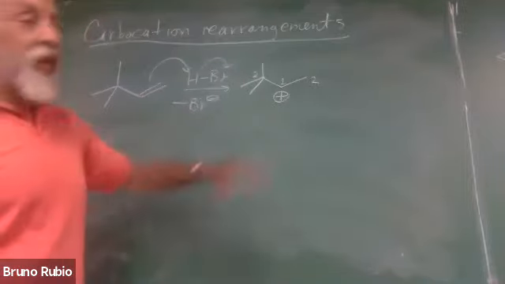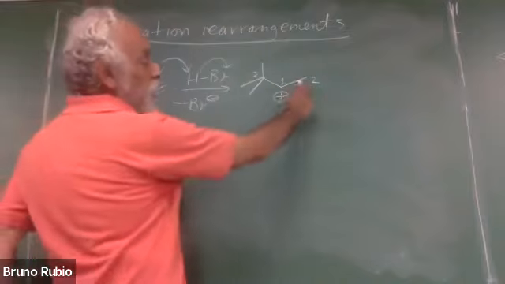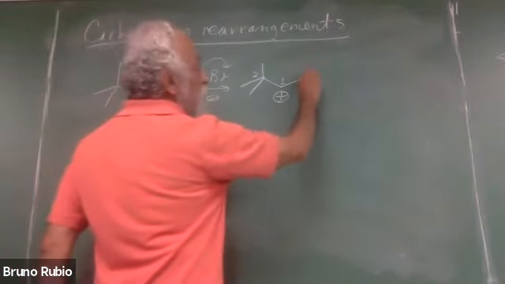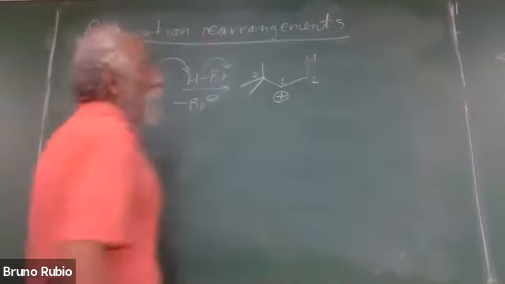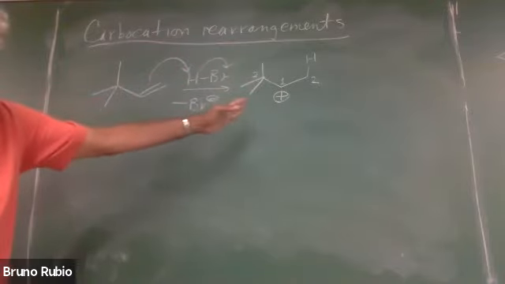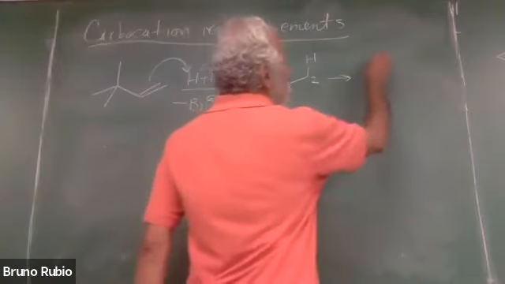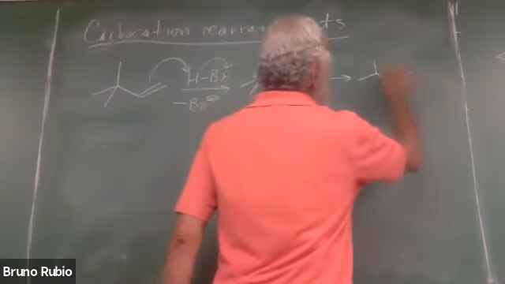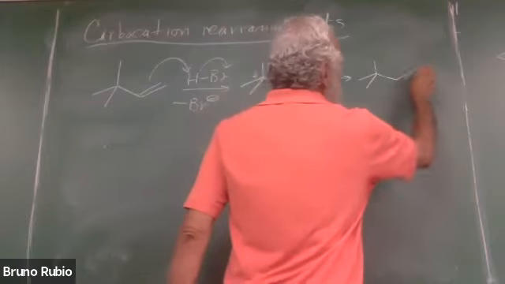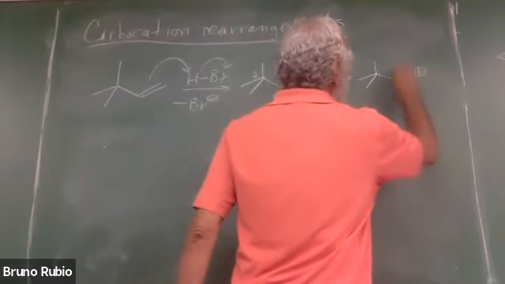So let's analyze this problem. So something bonded to carbon 2. Well, there's only a hydrogen atom bonded to carbon 2. He could pull out of carbon 2. He could plug into carbon 1. And the charge would move in the opposite direction from carbon 2 to carbon 1.